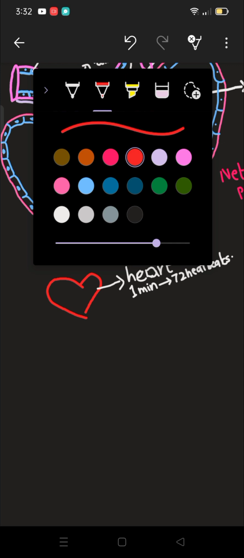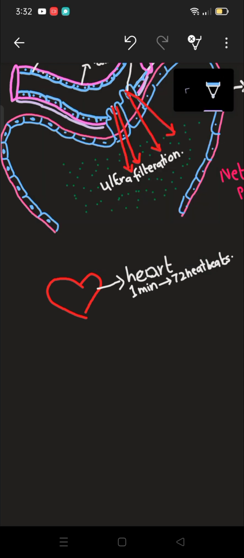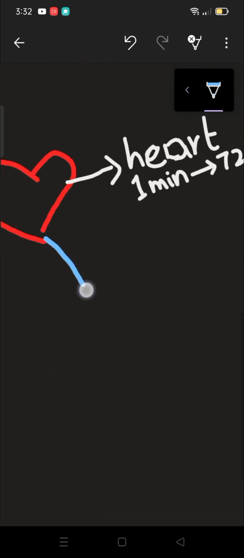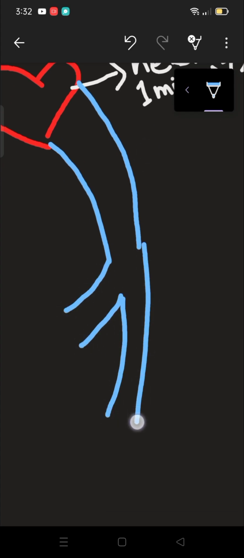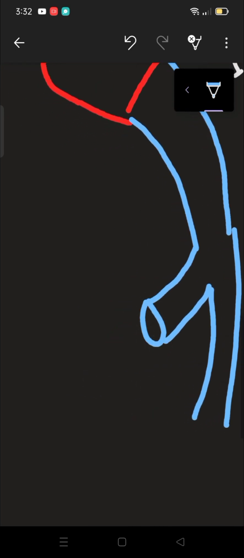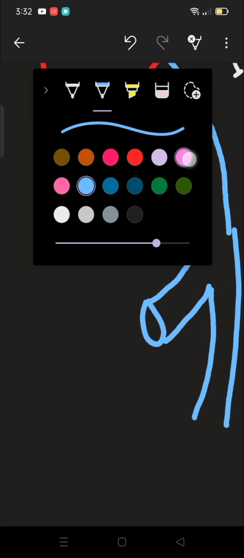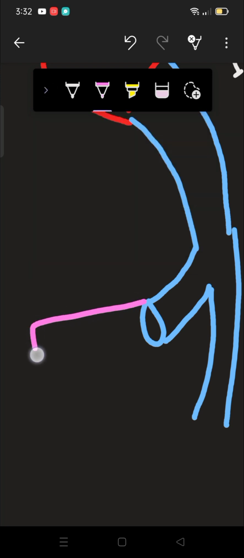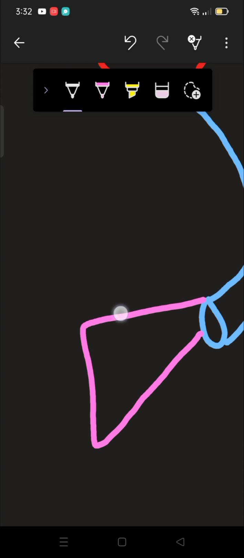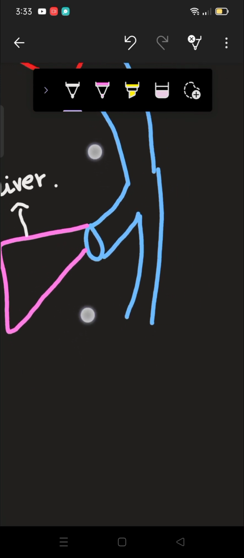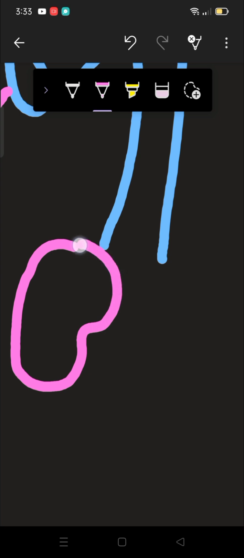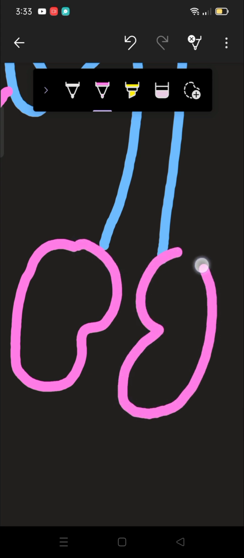So let me make with this color now. So I have here capillaries, not capillaries but arteries. Here basically it is going to the organ which is the liver. So I am making here the liver. Let me write it down. This is liver, and here I am going to make the kidneys, because we know that blood is going to the kidneys as well.